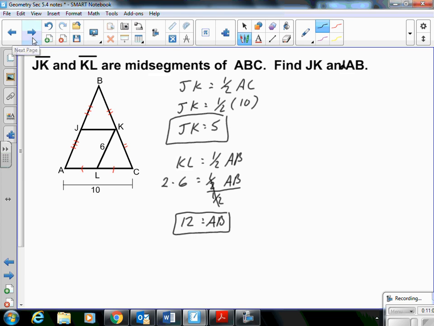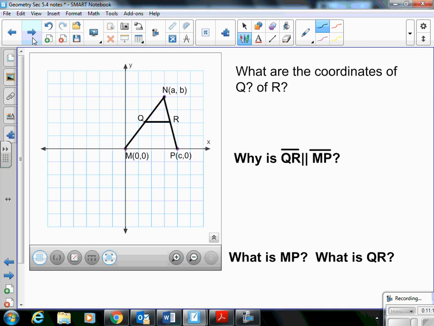Alright, so then the next thing here, it's a little more complicated. I know what the coordinates of Q and of R are in this picture, which actually, I accidentally erased the marks on here because we need these, so we know that Q and R are both midpoints of those two sides of that triangle.